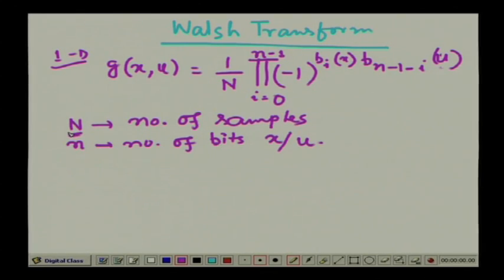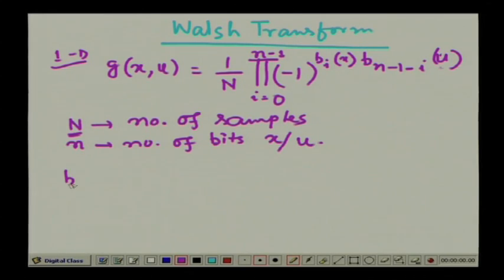In this case, the forward transformation kernel is given by g(x, u) equal to 1 upon capital N into product i equal to 0 to lowercase n minus 1 of minus 1 to the power b_i(x) into b_(n minus 1 minus i)(u).